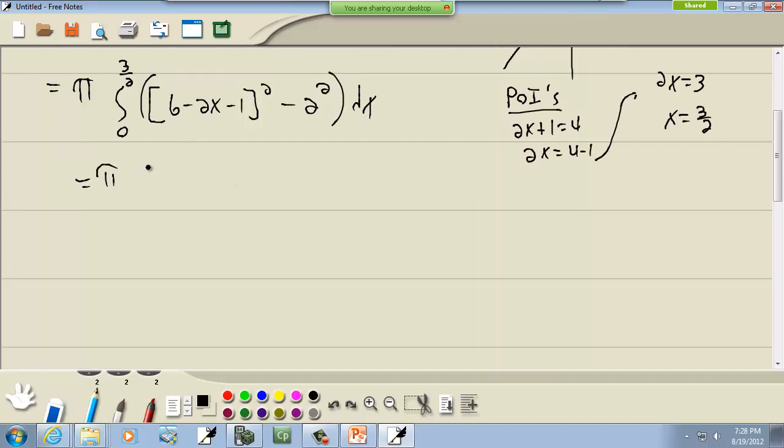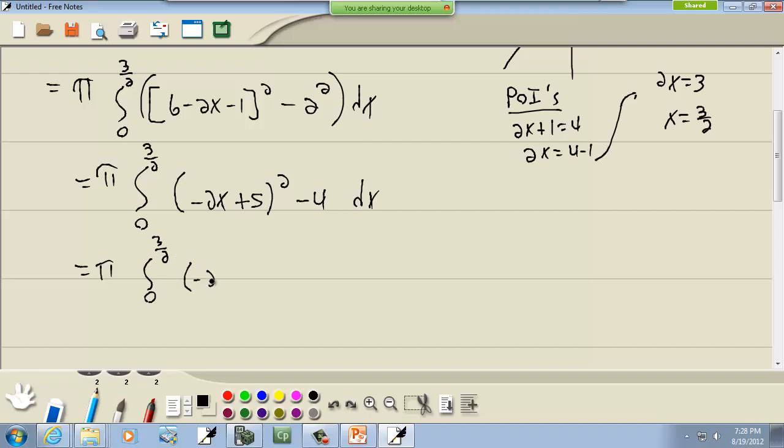Okay, so that's going to be from 0 to 3/2, and we got negative 2x, 6 minus 1 is 5, squared, minus 4 dx. So I got negative 2x plus 5 times negative 2x plus 5, minus 4 dx.